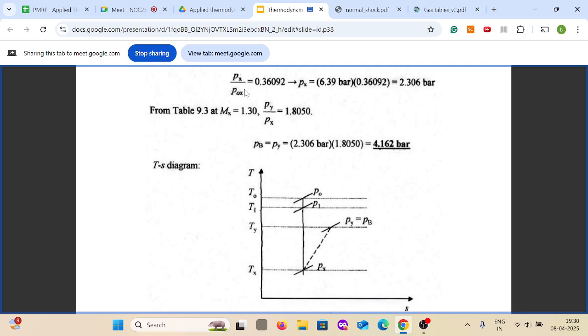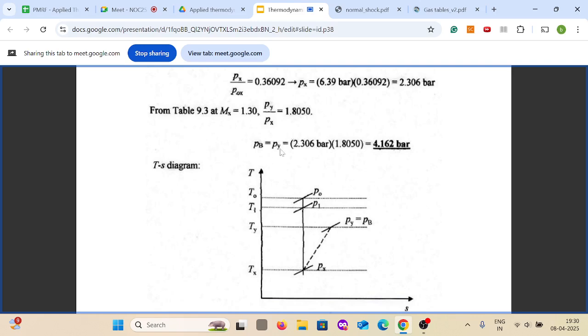So Px by P0 is 0.36092. So pressure will be 6.39 times 0.36092, which gives you 2.306 bar. And similarly, Py by Px is 1.805.